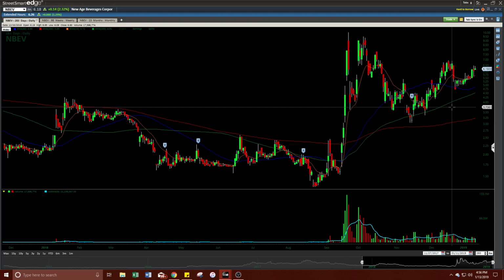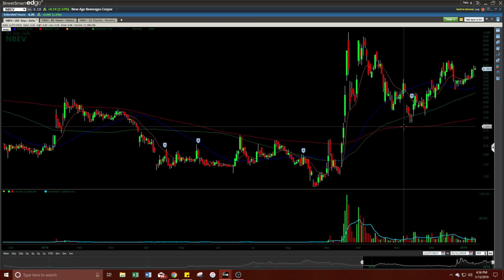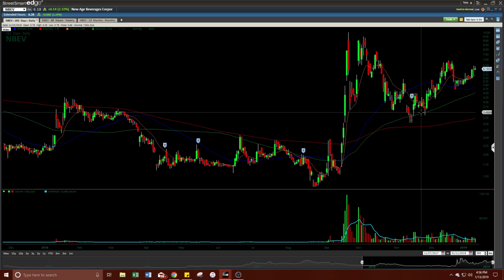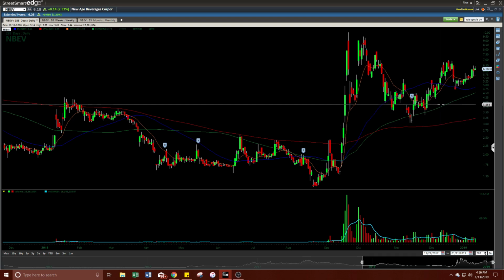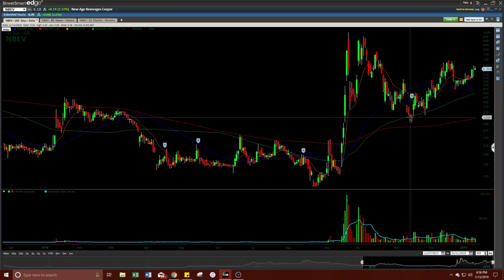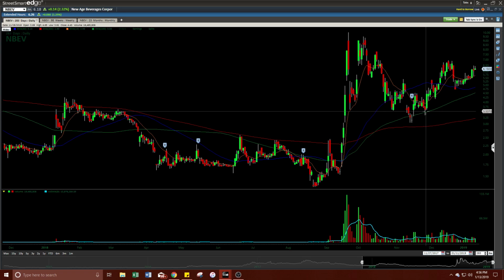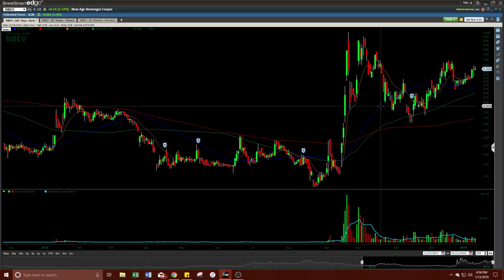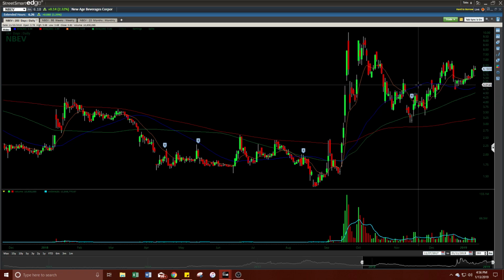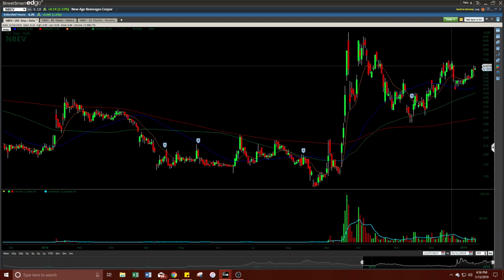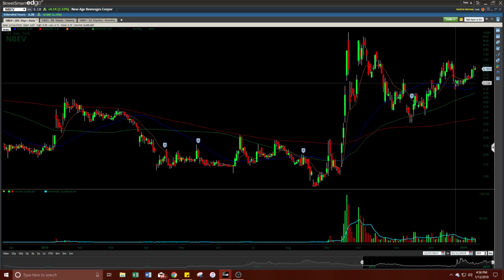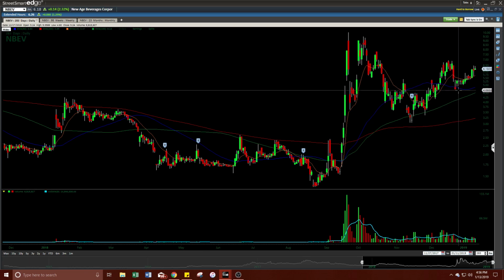Now, these are going to act as somewhat of a support if it decides to come right back down. As you can see right here, this green line is the 100-day moving average, and you can see it bounced off it right here and right here. And the 50-day moving average somewhat acted as a resistance right here, and then it finally broke above it, and when it came back down, it bounced off that 50-day moving average.